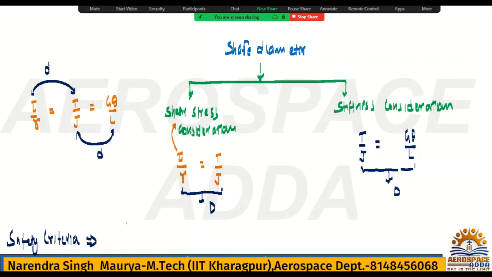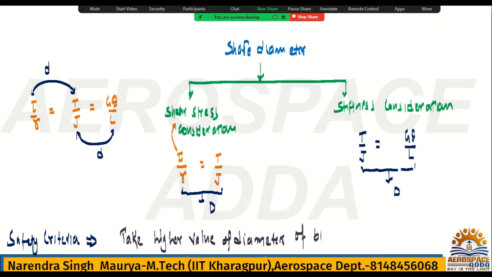Immediately use both formulas and you get a diameter in both cases, but take the higher value of diameter of both cases above for overall safety. This is the safety criteria.